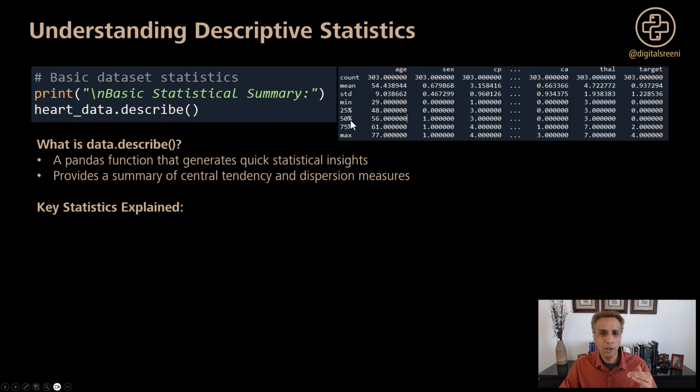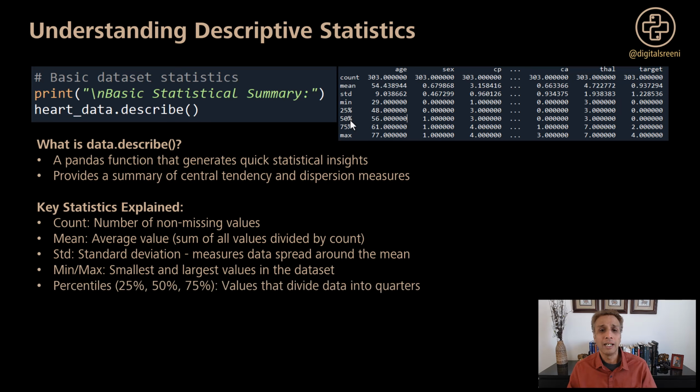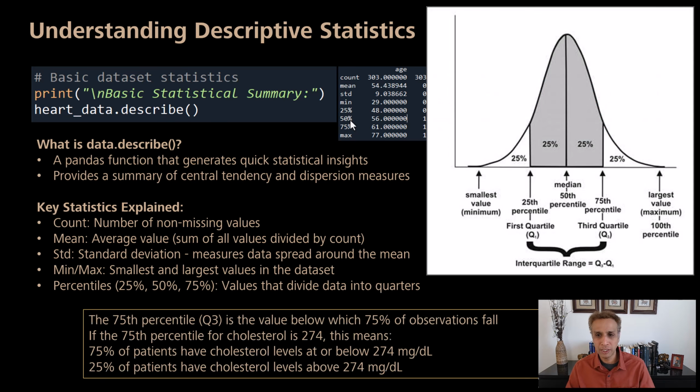I hope you know all these. The percentiles like 25, 50, 75 are probably something that you may or may not know. These are values that divide the data into quartiles, which basically means if you plot this data, again, a normal distribution, a bell curve, the median is the 50th percentile, somewhere in the middle.